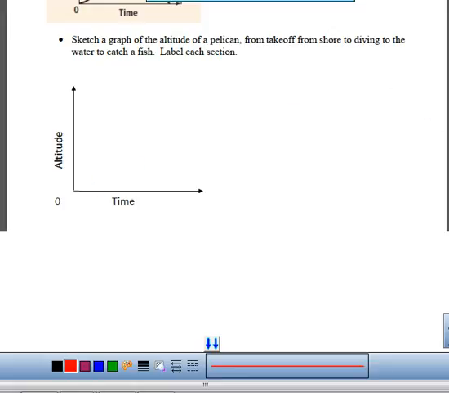So we'll have a line coming from here, going like this. And then maybe we'll have a line like this. Then we're going to have a line like this, very sharp. And then maybe a little line like this. Actually, how about going right back up like that?